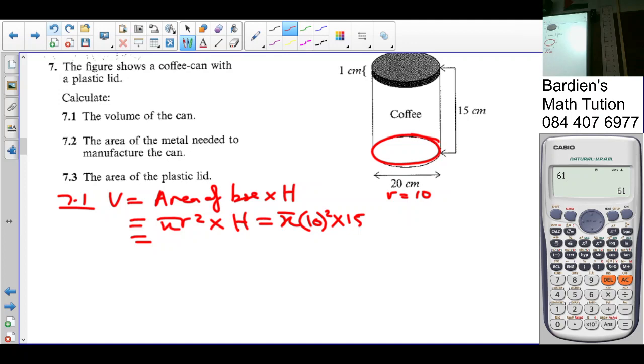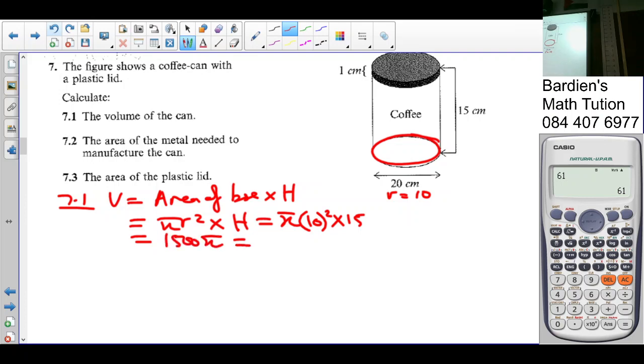No, that 15 is from the base to the top of the can. That 15 I think is excluding the lid. It looks like it's excluding the lid. Okay? So that's going to give you 10 squared is 100. So it's 1,500 pi.